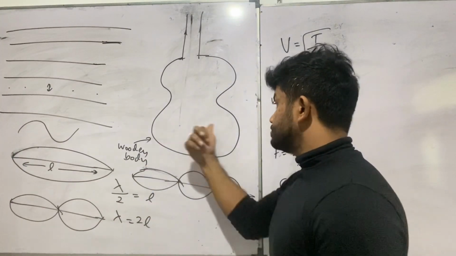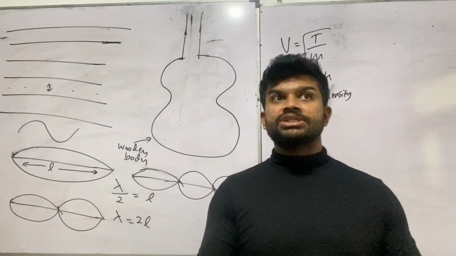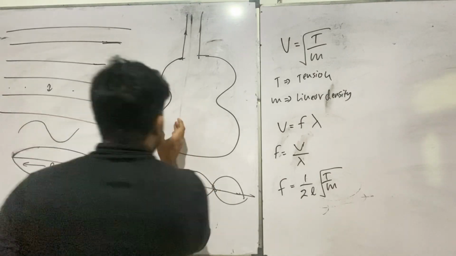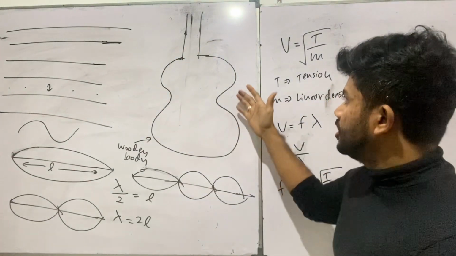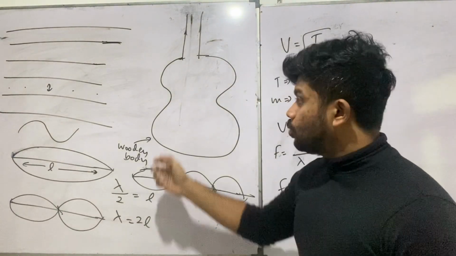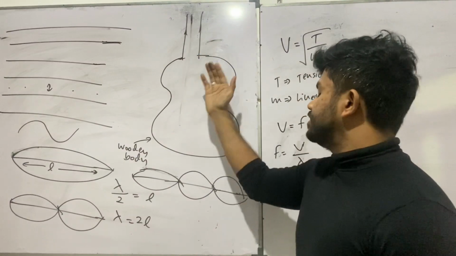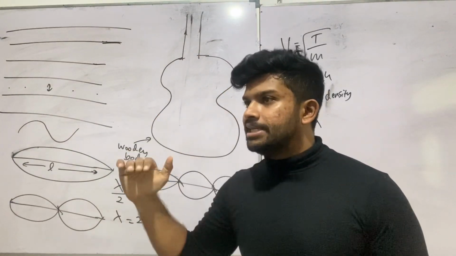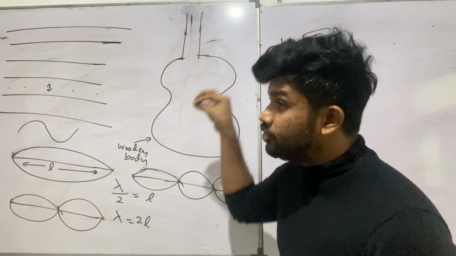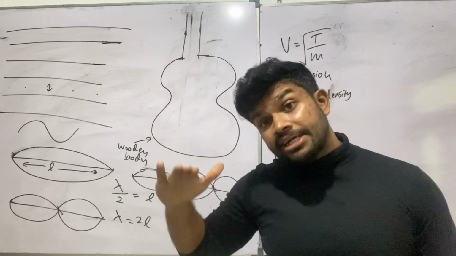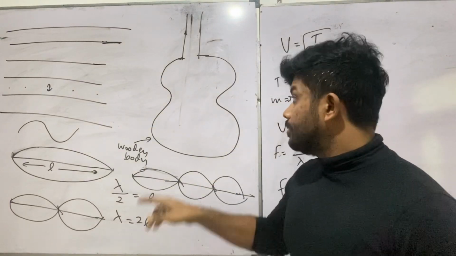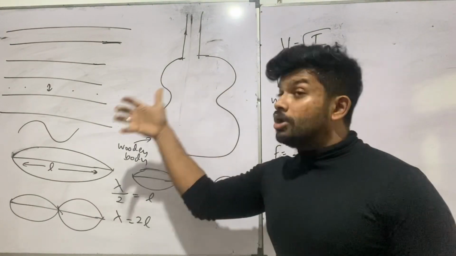How does it make a change like that? Simply, you can see this consists of a hell of a lot of air molecules inside. Once you pluck the string, the vibration, that resonance, is transferred to the wooden box, and as the wooden box starts to vibrate, that vibration is transferred to those air molecules also.